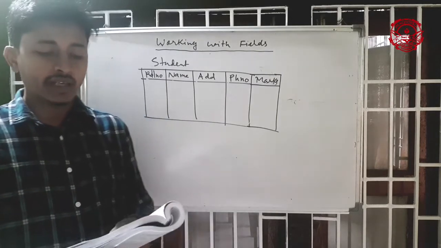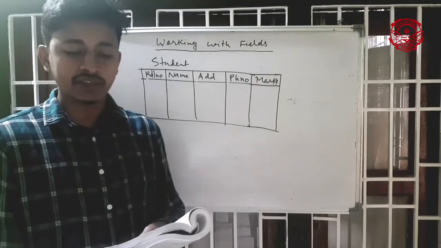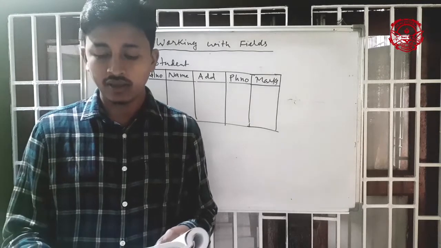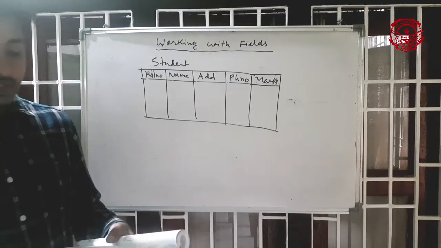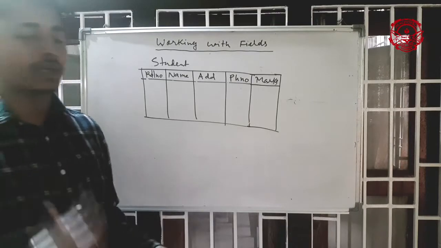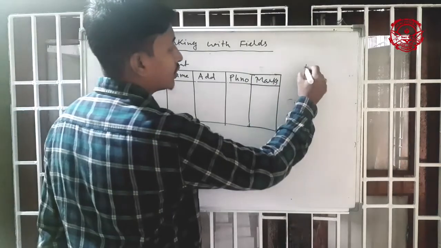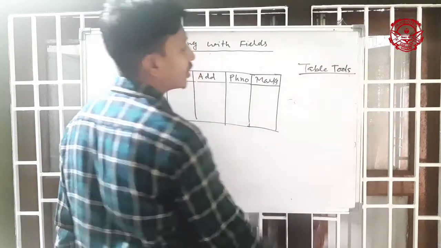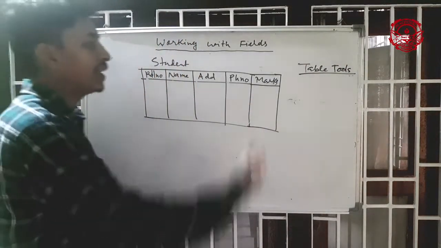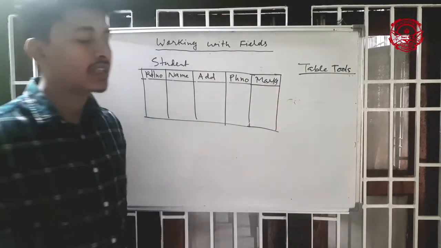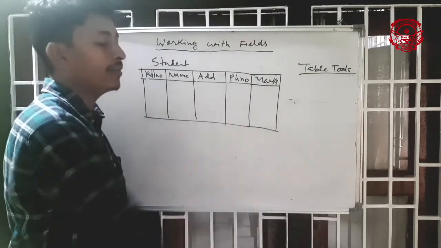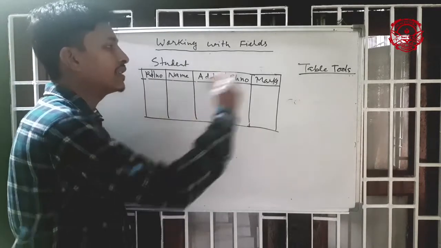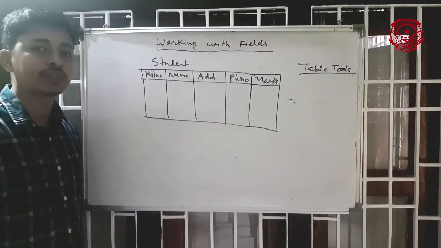This function can be carried out through the commands under the Fields tab of the Table Tools tab. This is an option where you can change the field name, change the field data types, add a new field, delete a field. So all the things you can do with the help of these Table Tools options.